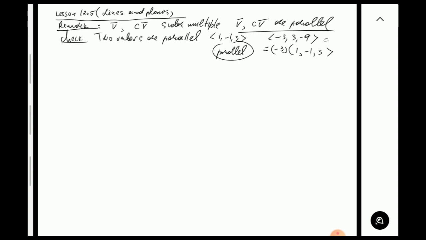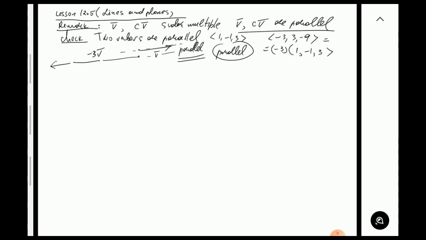Because in this case, for example, if 1, minus 1, 3 is over here, then the other one is going to be 3 times as long, but in the opposite direction, because it's minus 3v. But the important thing for our purposes here, that's what I want to emphasize, is that the lines over which these vectors are located are parallel.